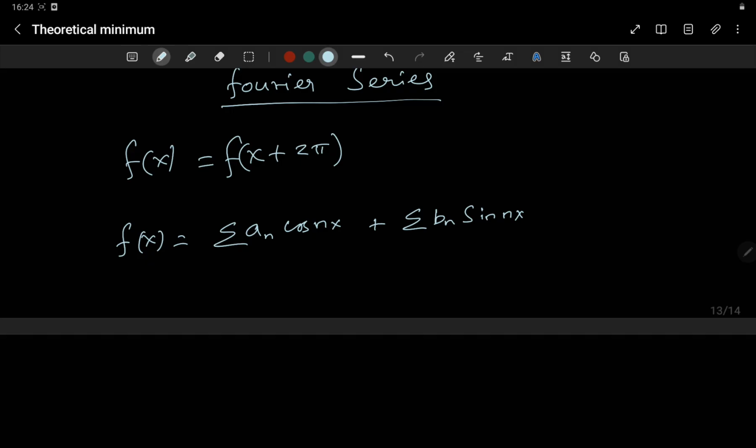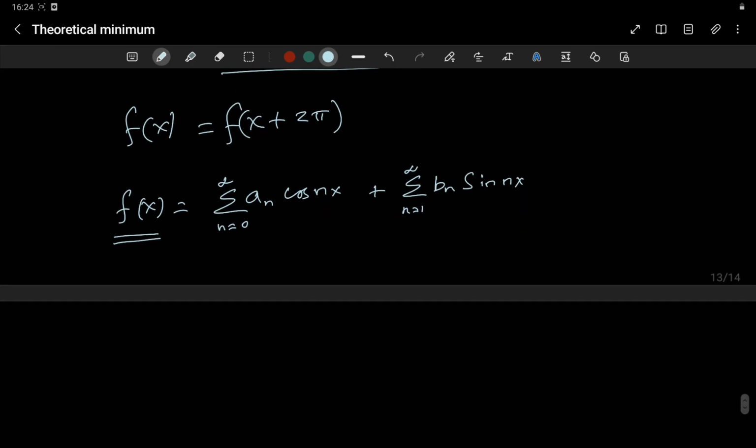So here what we have done is we are writing the function f of x, a periodic function, as a linear combination of these cos nx and sin nx, where n could be any integer. Here n goes from 0 to infinity, and here n goes from 1 to infinity, because sine of 0 is 0, so that will not contribute.